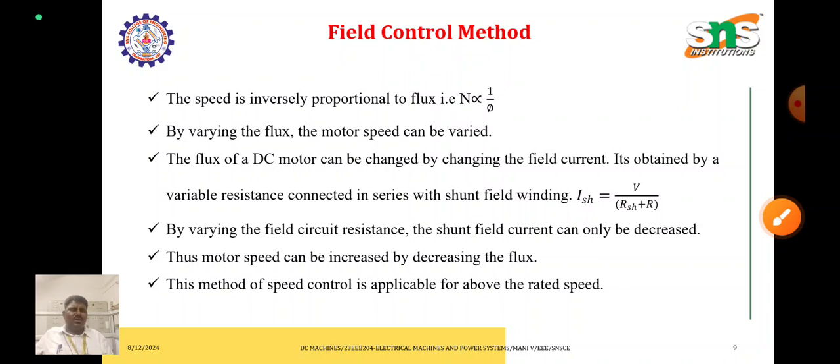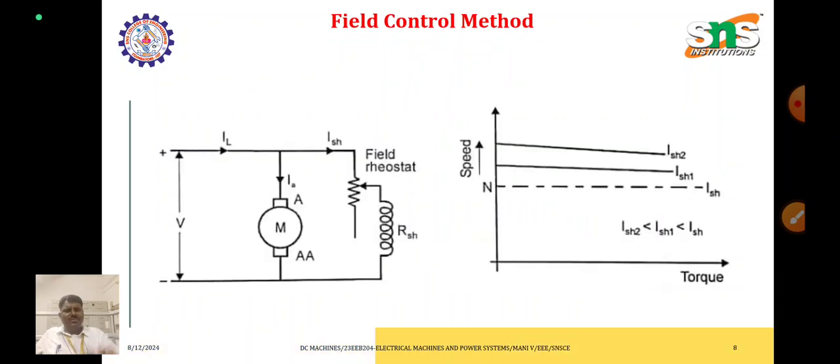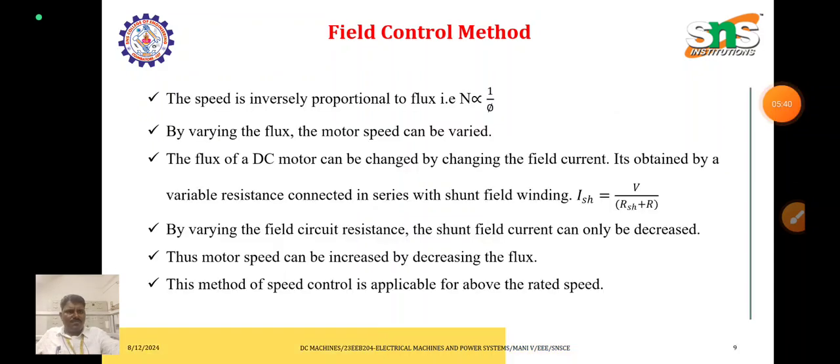Here the supply voltage and back EMF are constant; the only thing that changes is the flux. At first the flux is very high, so the speed is very low. Once you increase the resistance, the current through the field decreases, so the speed increases enormously. This is the characteristic between the speed and torque.